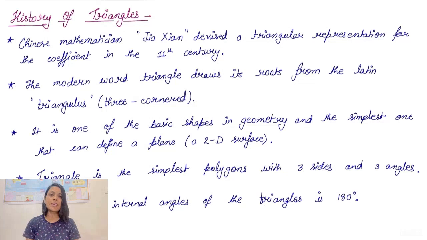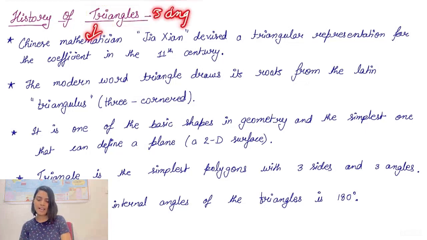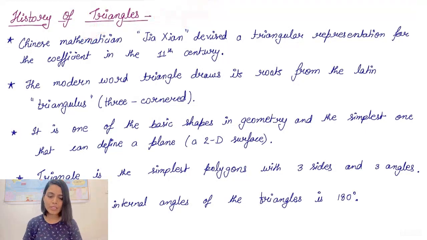Next, we will move on to what a triangle actually is. The word triangle has come from the Latin word triangulus, which means three cornered. By name we can see it means three angles: a figure that consists of three angles and three sides, that is, three cornered and three pointed.